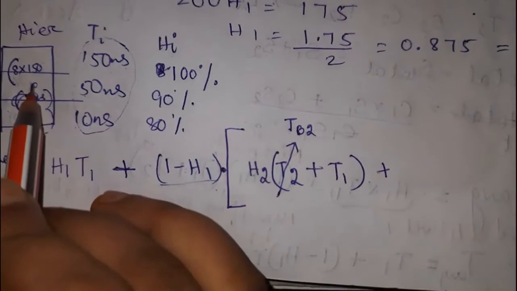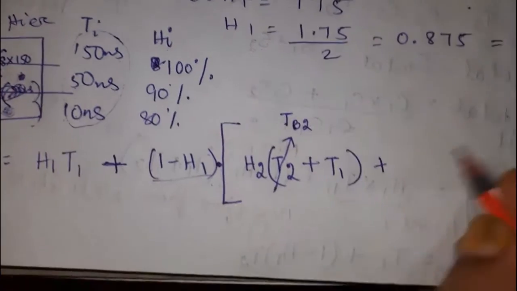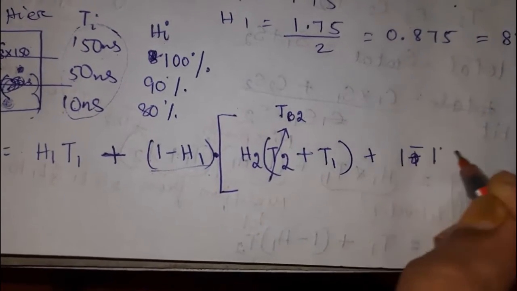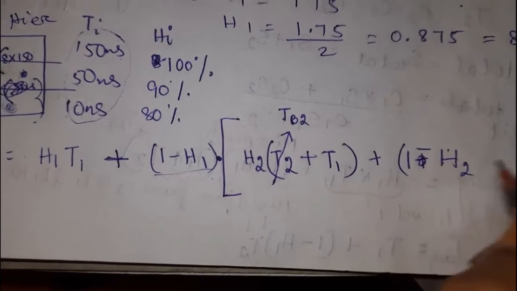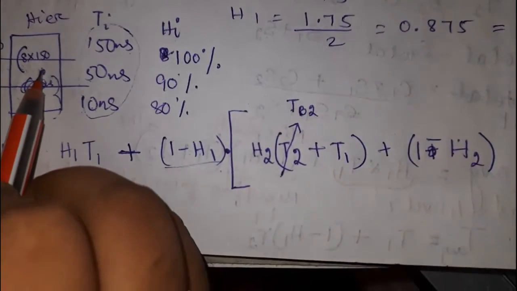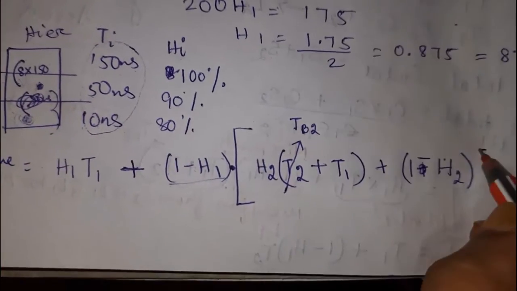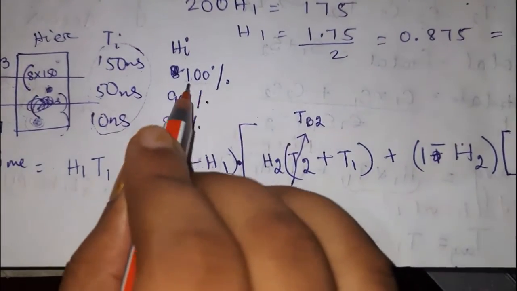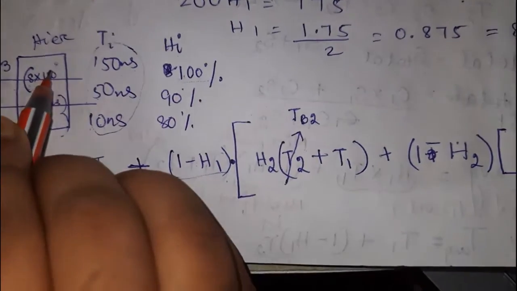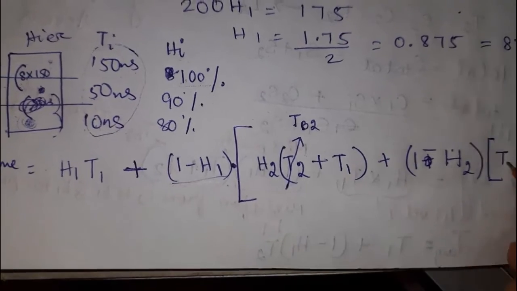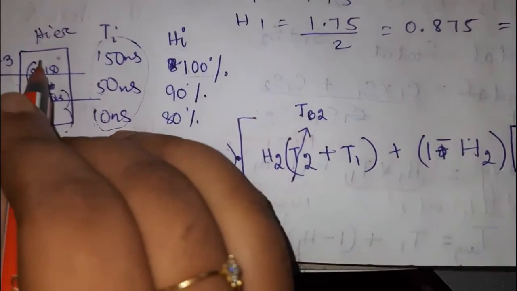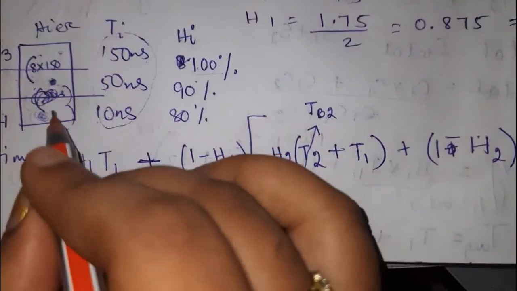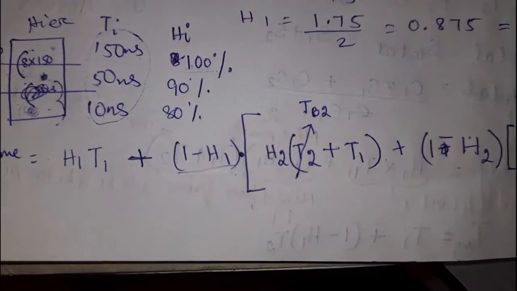Then plus, if it is not found here also, that is 1 minus H2. It is not found here, and obviously it will be found in L3 because it is 100%, which means it will be in T3. From T3 it will come to T2, and from T2 it will come to T1, or level 1.